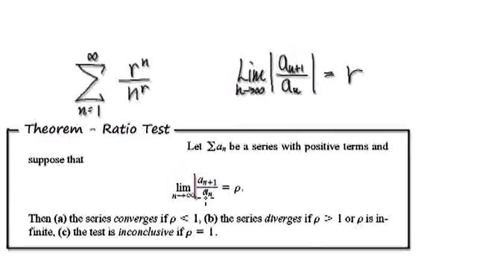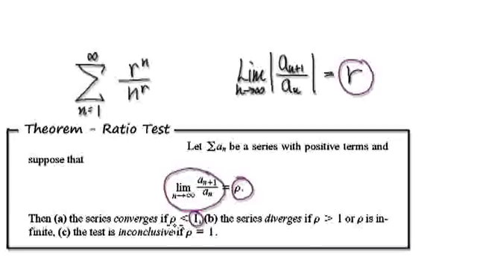Normally it's this, but because we're always in the positive realm, we can ignore the absolutes here. If you compute this value, in our case it's r. If r is less than 1, then the series will converge. If r is bigger than 1, then it will diverge.